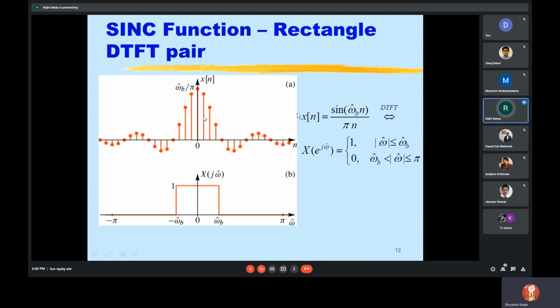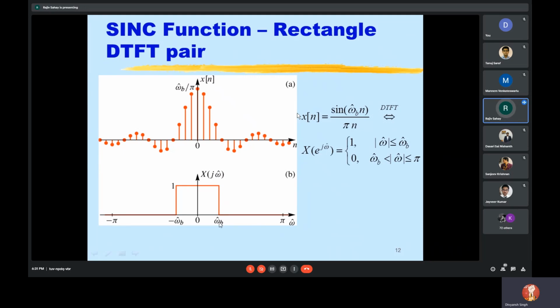So if you take the DTFT of the sinc function directly, it will not converge; it will tend to infinity. But using the property that there is a DTFT transform pair between the rect function and this, we can say that the DTFT of a sinc function is equal to the rect function.